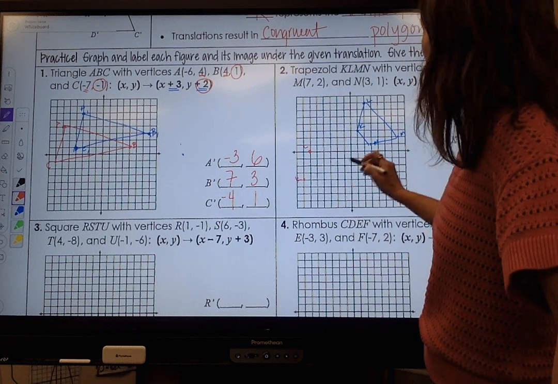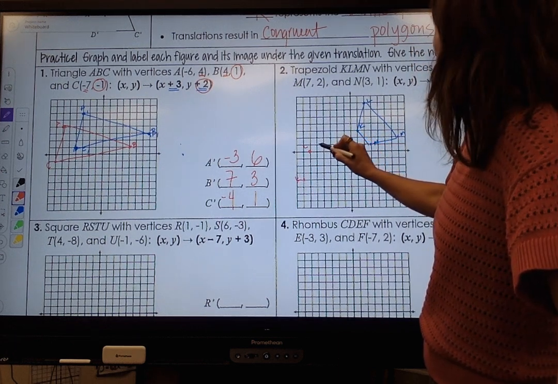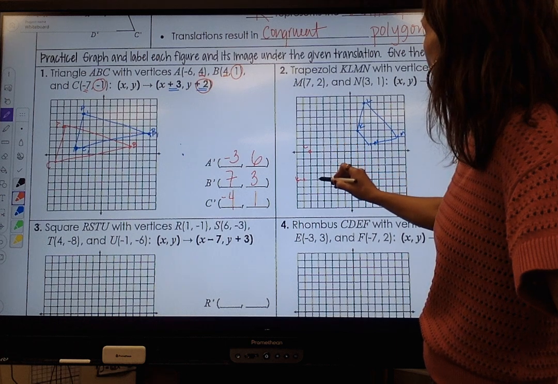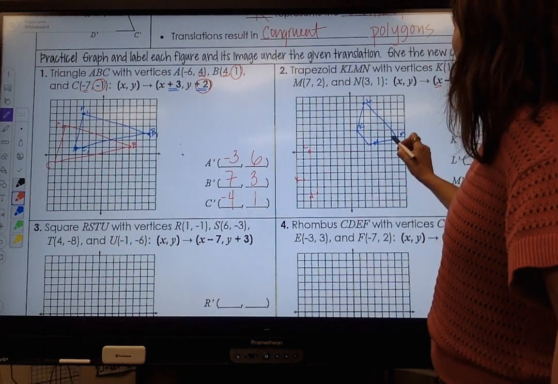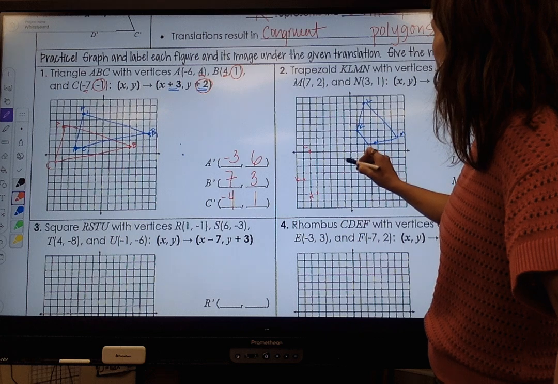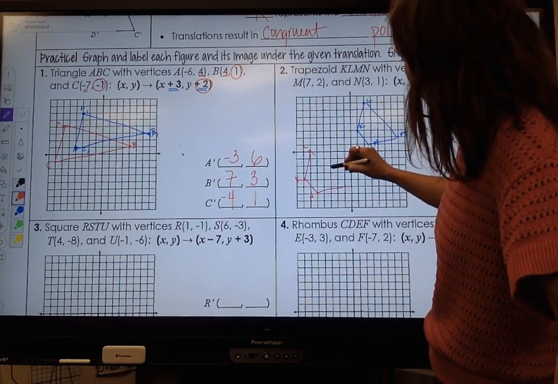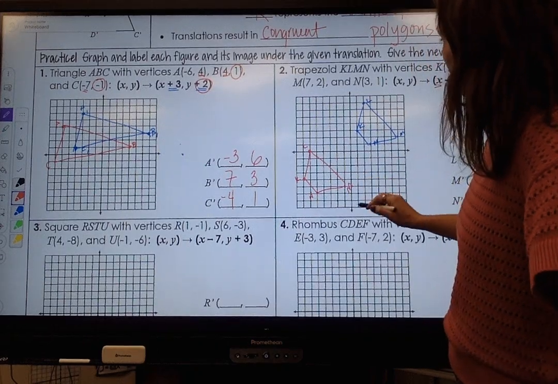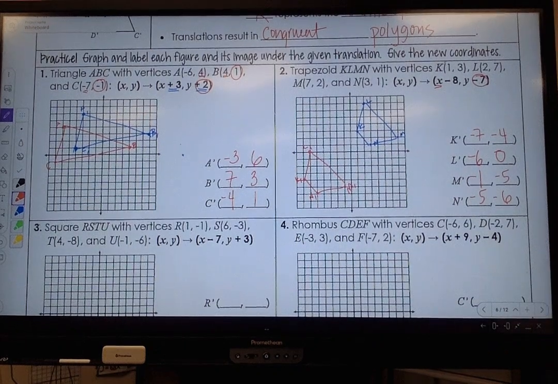That's K. N is 1 through 8, and 1 through 7 is N. And for M, 1 through 8, and 1 through 7. And that's M. And so this is my image, and my pre-image is in blue.